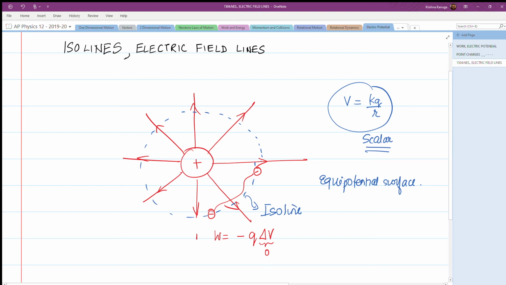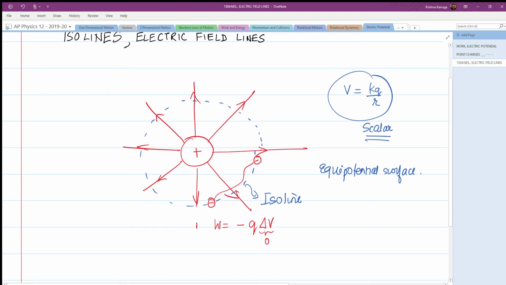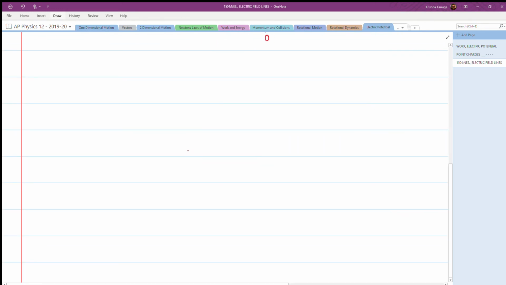Now at any other distance we would have another isoline. So let me just draw this as a separate picture. If you have a plus charge, we could draw isolines around it. One isoline would be, say, a circle around this point charge at some distance r.